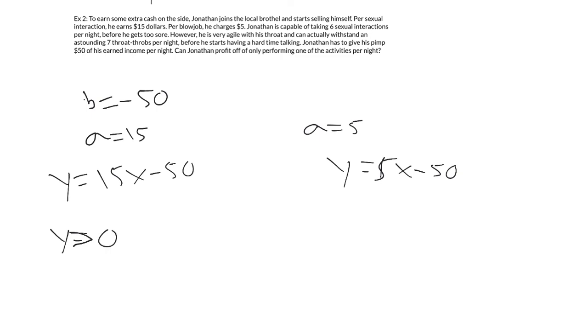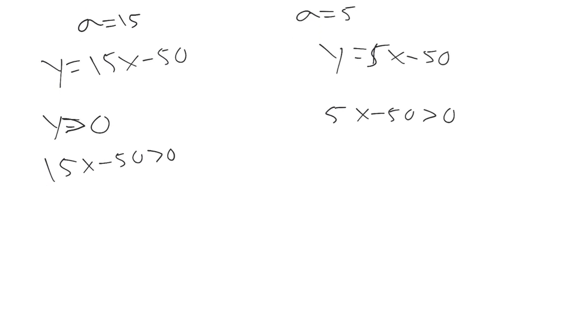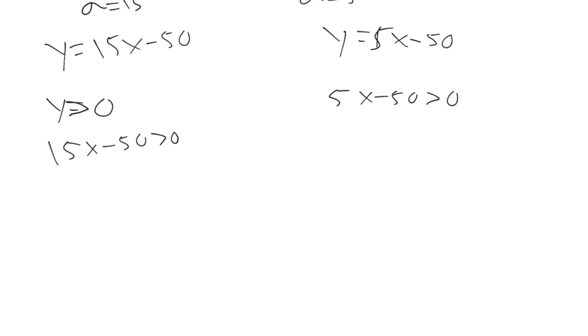So since y is equal to that, we're going to get 15x minus 50 is greater than 0. We're going to do the same on the other side. So y was greater than 0. 5x minus 50 is greater than 0.